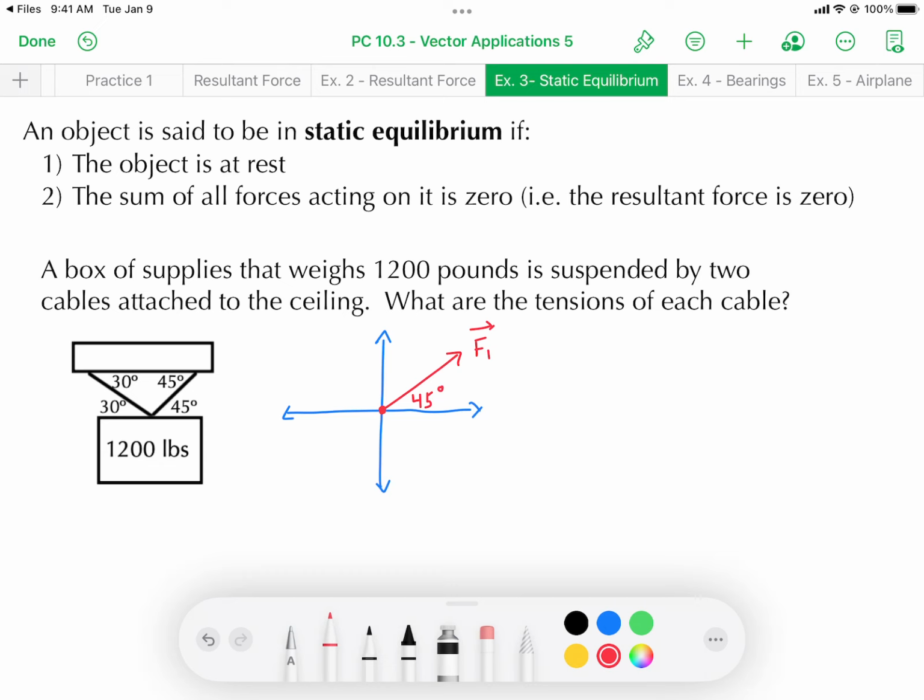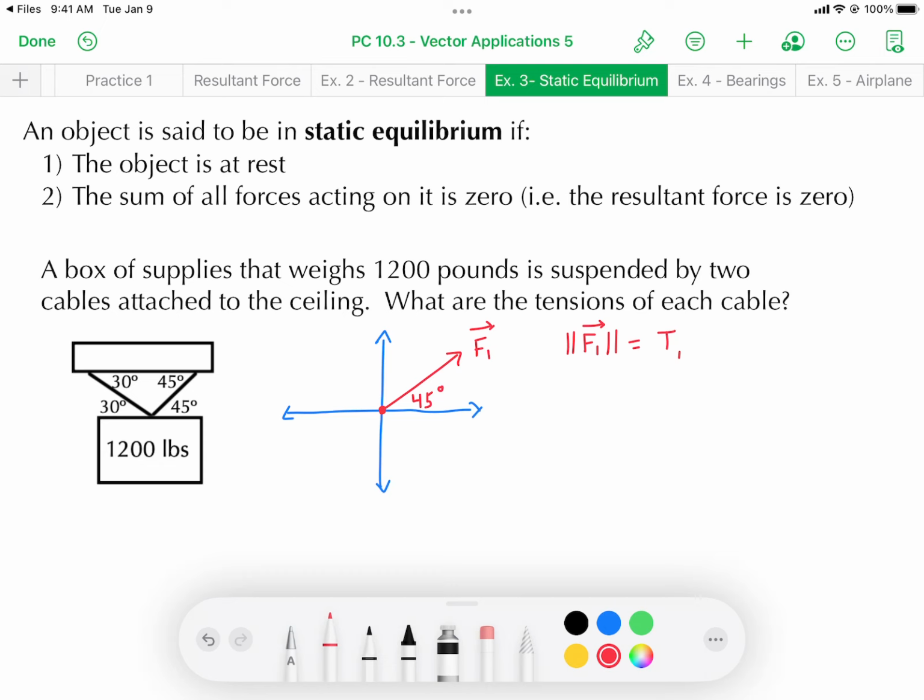Now, the magnitude of that force vector is what we're trying to figure out. It's the tension within the cable. So I'm going to use T sub 1 to represent that magnitude, just so I don't have to keep writing the magnitude notation repeatedly. Okay?